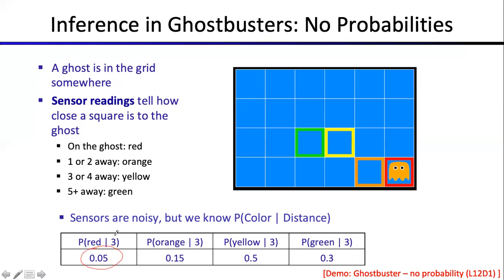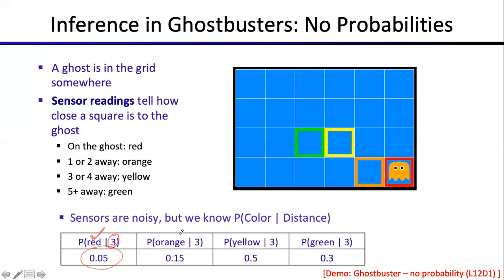So that means that the probability is very low that you are at a distance from the ghost if the color appears to be red. Okay, so it's very, very low.